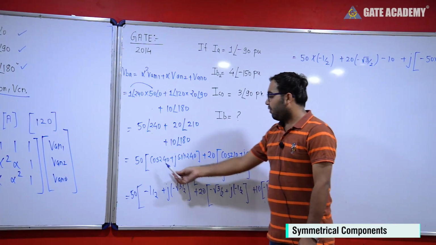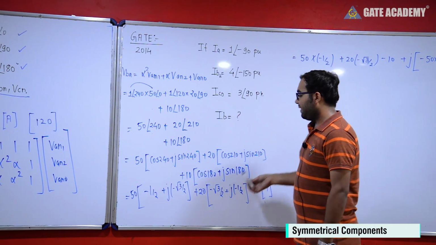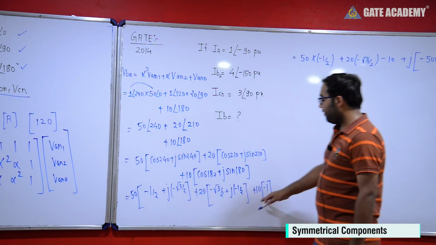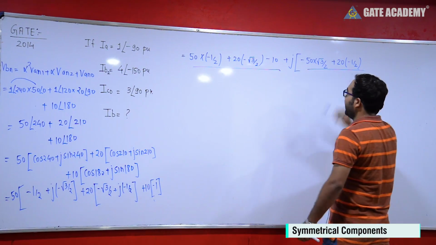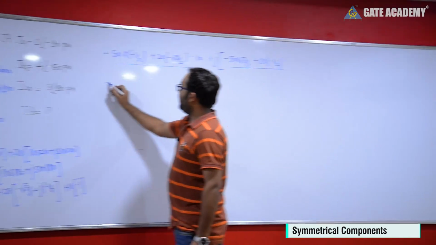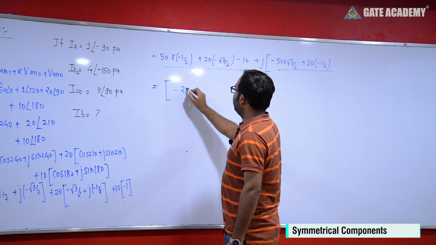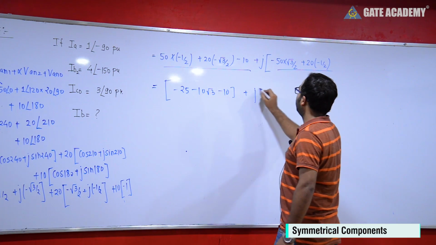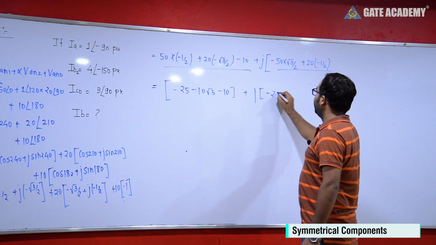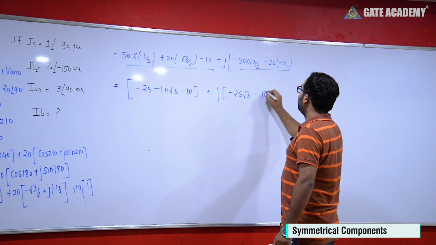When you put all the values of cos 240, sin 240, cos 210, all are standard. When you put all the real part here and imaginary part here, the function is like this. Okay. When you put all the values, we are getting minus 25, minus 10 root 3, minus 10. This will be equal to plus j. It will be equal to minus 25 root 3. This will be equal to minus 10.